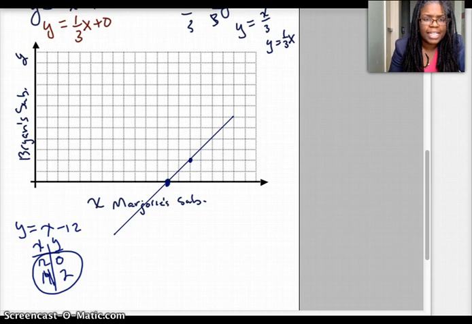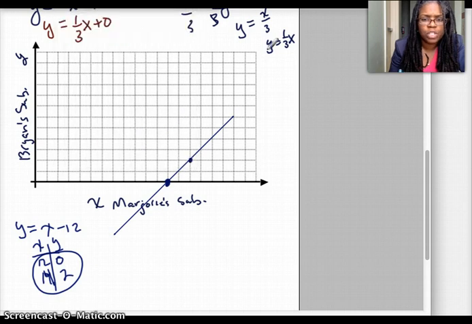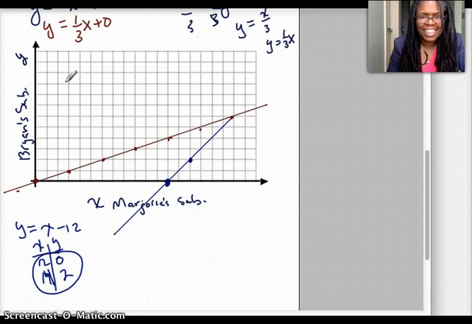In this case, I do have the luxury of using slope-intercept form, because my y-intercept is 0 and my slope is 1/3, which means go up 1/3, up 1/3, up 1/3. You guys see how this is going? Up 1/3, up 1/3, up 1/3, up 1/3. Now I'm going to connect those dots like that.